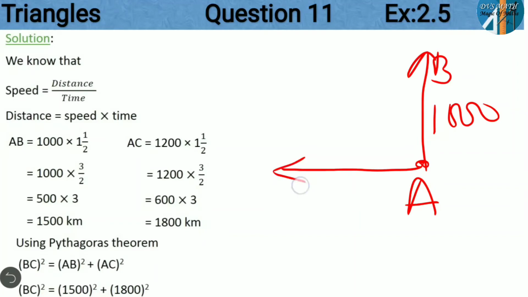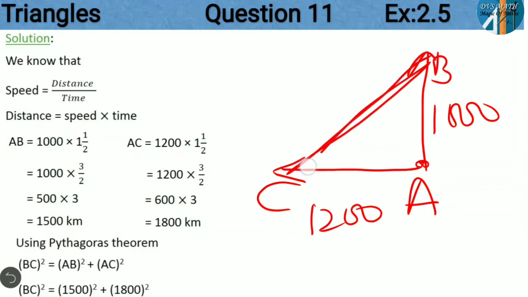So let us consider it as C. And the speed is 1200 km per hour. Now we have to find the distance between these two planes after 1.5 hours. So it is in mixed fraction, right? 1.5. So we have to convert that into improper, that is it will be 3/2. 1.5 can be written as 3/2. So 2 ones are 2, 2 plus 1, 3/2.